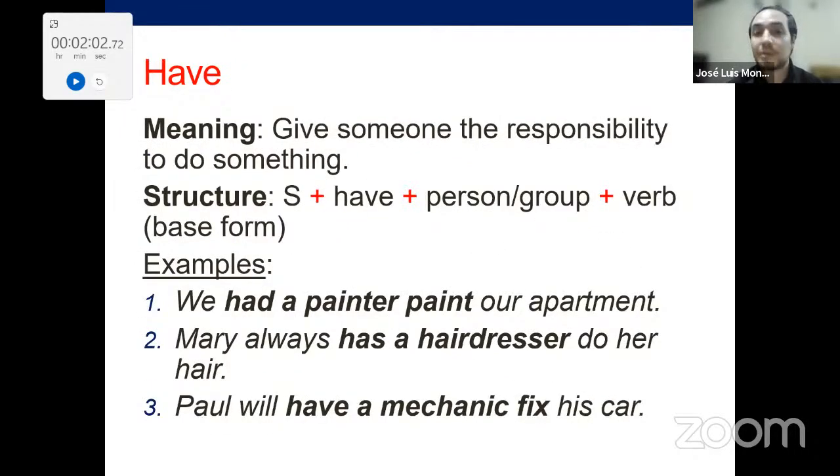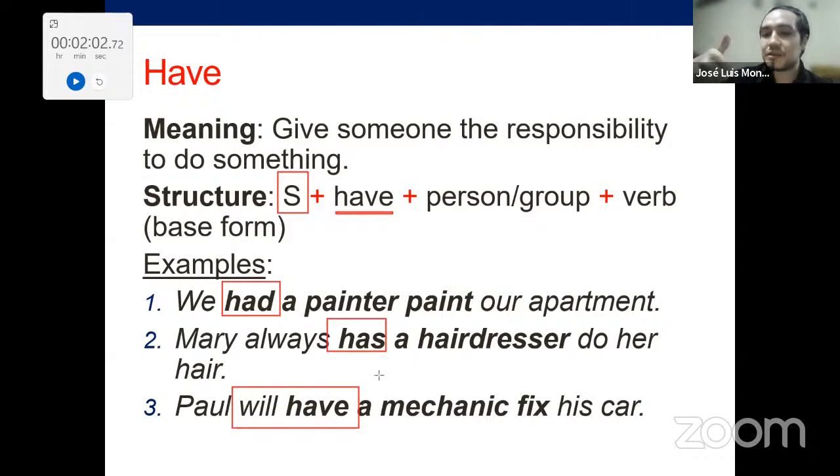So good. Just to verify, I know that you told me about it on Monday, so there's no problem about that. But I'm going to show you this one. The formula is always going to be like this. The subject is the person that is doing the action, so that the other person does something for him or for her. So after the subject, you use have, but in the tense that is better in that situation. Here, for example, you only have past, present, and future, right?